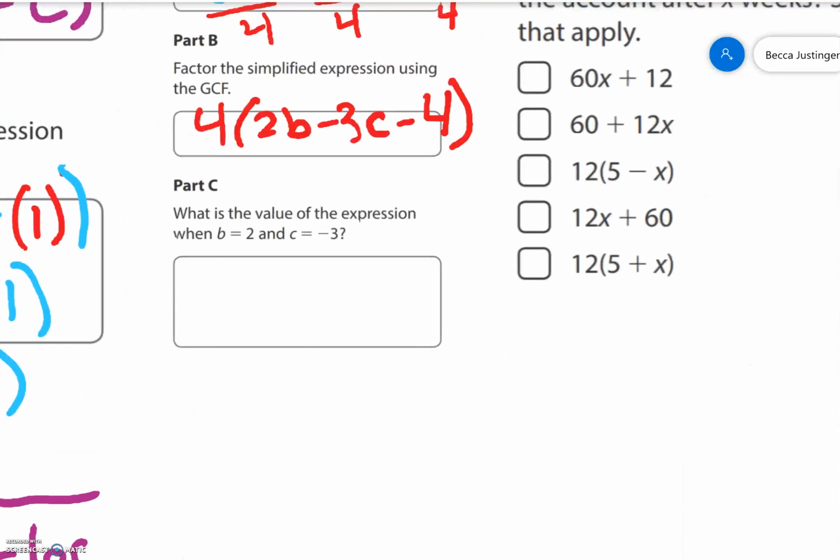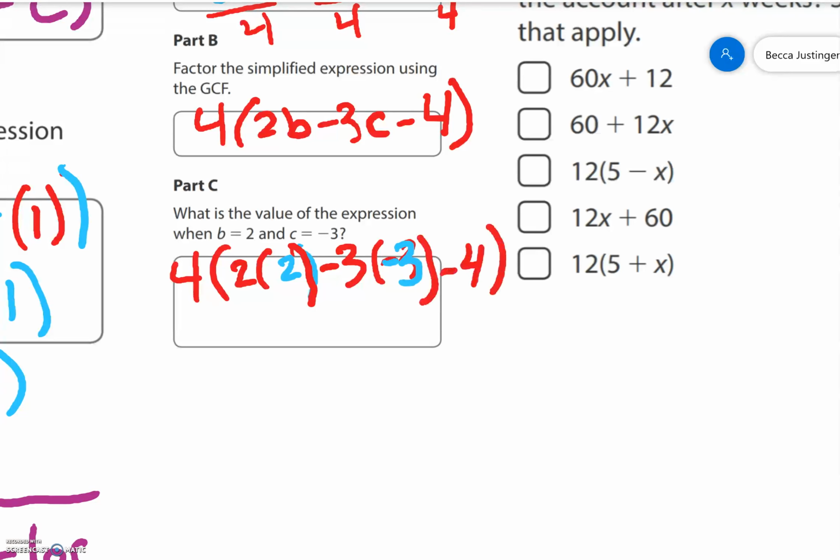So again, plugging in the values. I've got 4 times, instead of b, I'm going to put in a 2, instead of c, I'm going to put in a -3. Oops, I should have done that in blue. This is my substitution. We've got our -4.